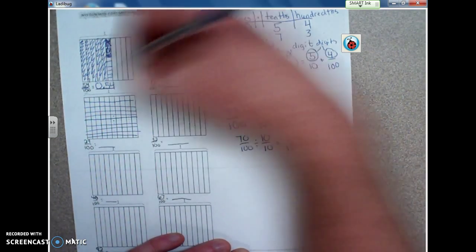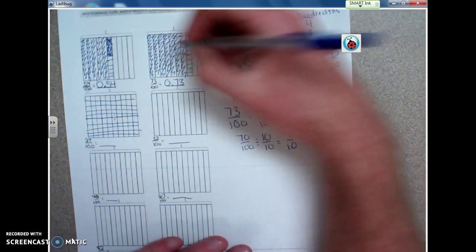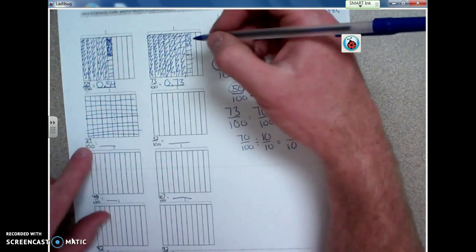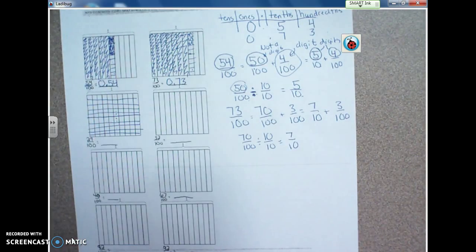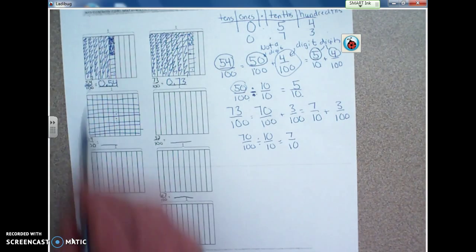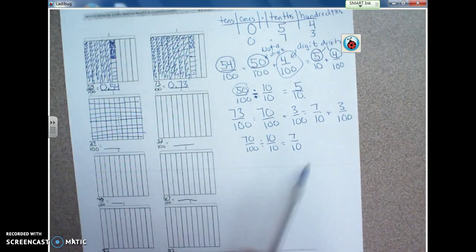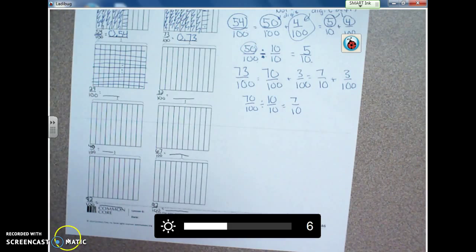That's what I was doing here and here. I was splitting them into my hundredths, but I already know that I have 2 tenths. So I have my 2 complete columns. That's why I didn't have to split all of them up. All right, go ahead, and your job is to finish the sheet.